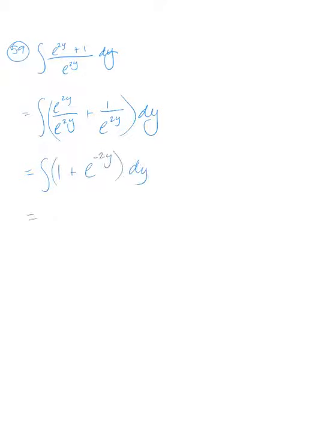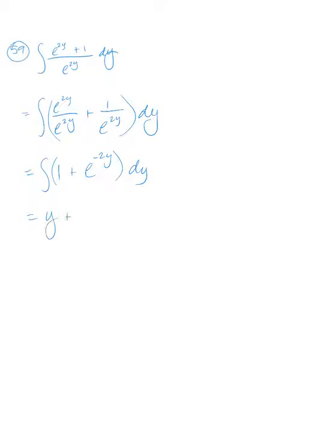So this becomes the integral of e to the 2y over e to the 2y plus 1 over e to the 2y dy. So this becomes the integral of 1 plus e to the negative 2y dy. Integrate term by term. The antiderivative of 1 is y.